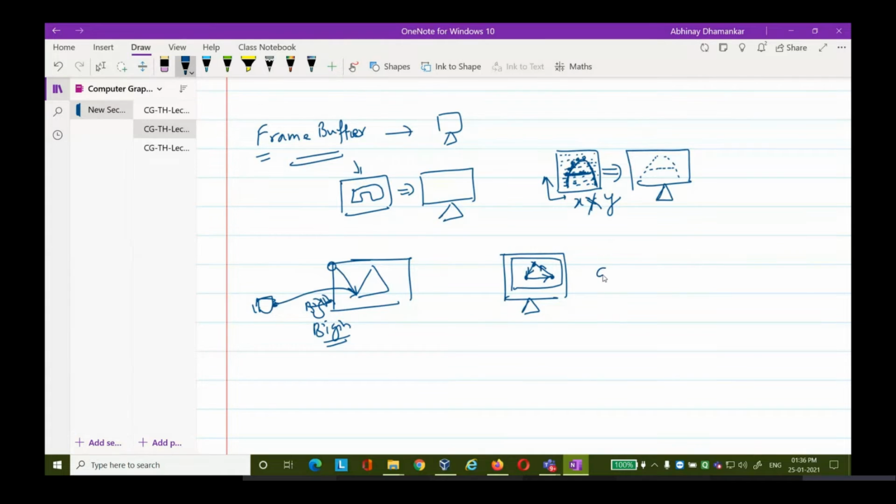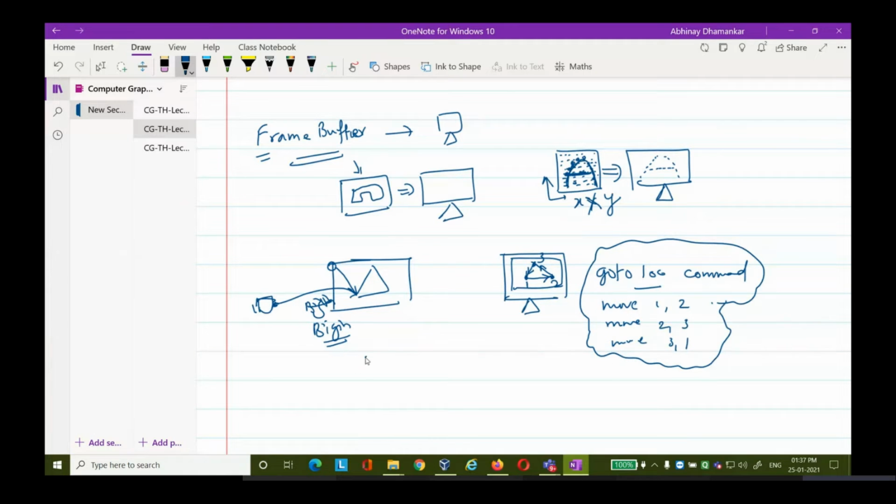Okay, so go to some location is a command, right? Then move from first location to second location, right? Then again we are redirecting, move second to third, and then move third to first one. Such kind of commands are stored in display files.